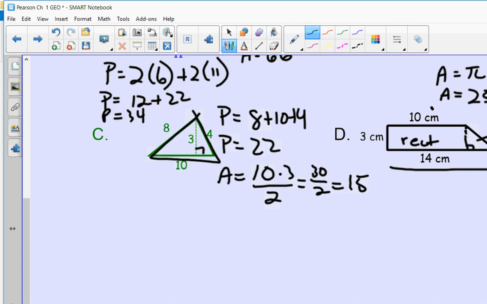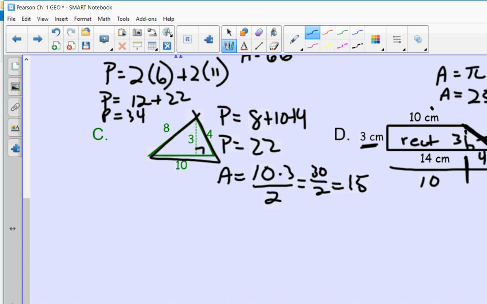What I've done is I've created that this piece right here is 10, but this piece right here is 4. Okay, so I kind of cut it off. All right. So if this is 3 right here, then that should be 3 right there. Okay. And if this is 4, then I've got part of my triangle here, but what I'm missing is this piece. Okay. So that triangle is a right triangle.